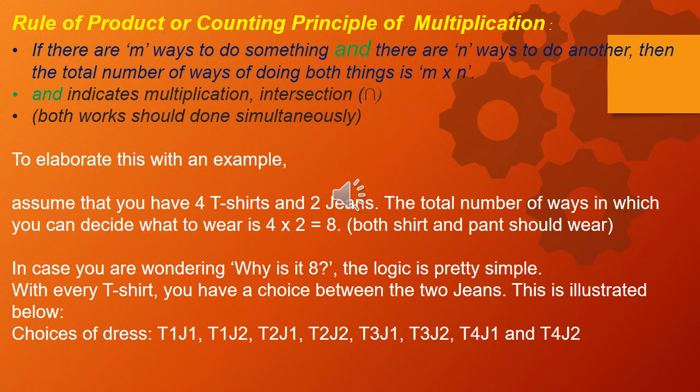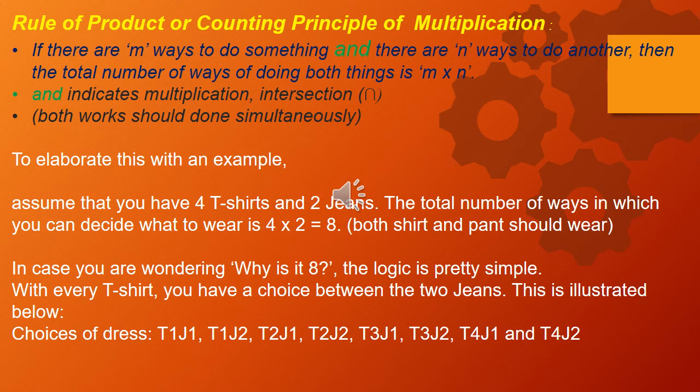Let's see one more example which works on this principle. Assume a student has 4 t-shirts and 2 jeans pants. Find the total number of ways in which he can decide what to wear. In order to wear clothes, he has to wear a shirt and a jeans pant. Suppose W1 is wearing a shirt and W2 is wearing a pant; both W1 and W2 should be done.